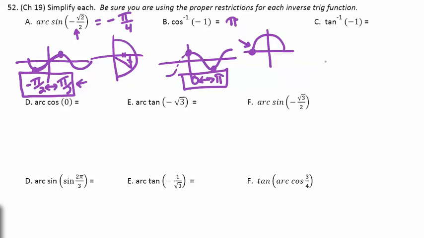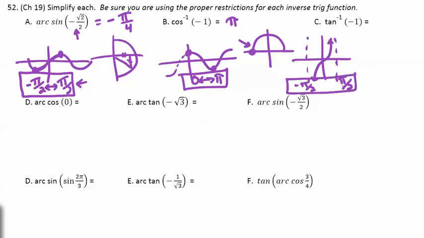So inverse tangent, how do we decide what our restriction is? Well, for the inverse tangent function, notice that the section between negative pi over 2 and positive pi over 2 has no repeats. It passes both the vertical line test and the horizontal line test. So our restriction for inverse tangent is the same as our restriction for inverse sine.